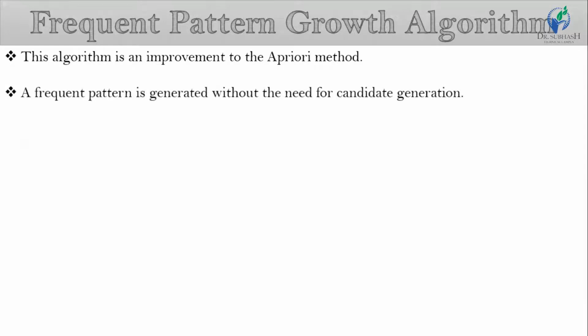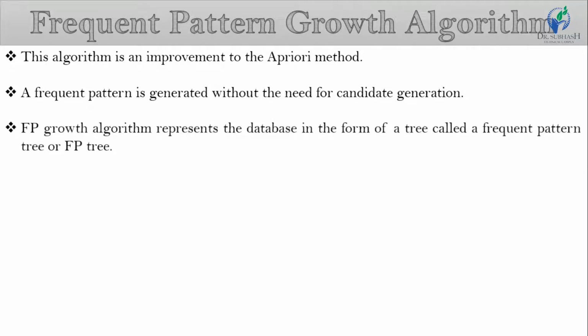So now I explain the frequent pattern growth algorithm, or FP growth algorithm. This algorithm is an improvement to the Apriori method, or we can say a frequent pattern is generated without the need for candidate generation.